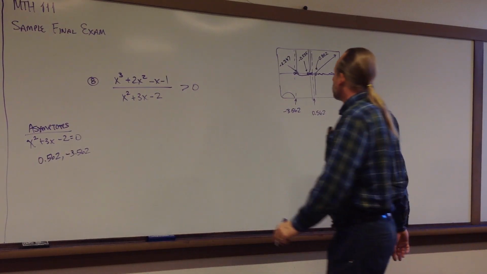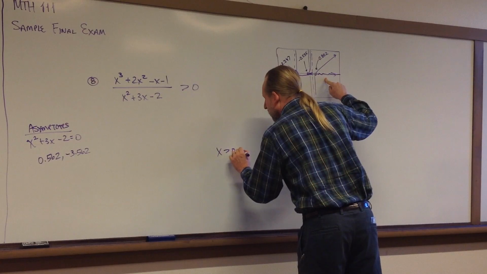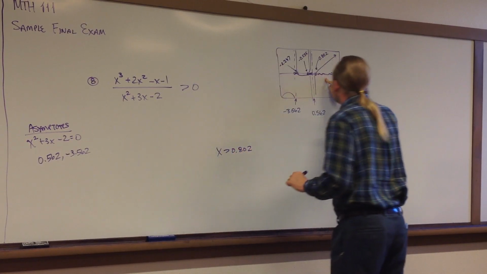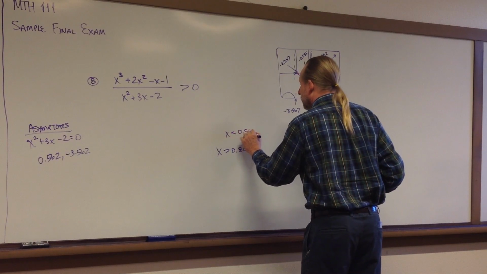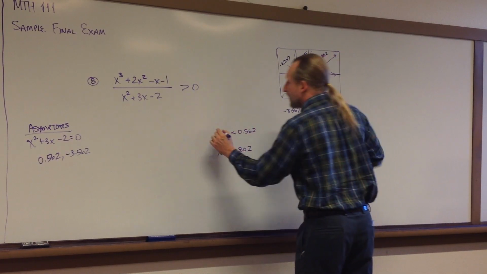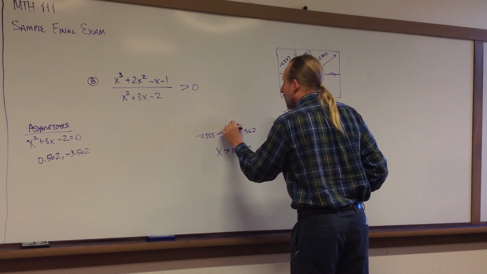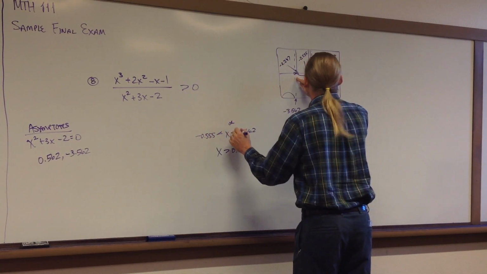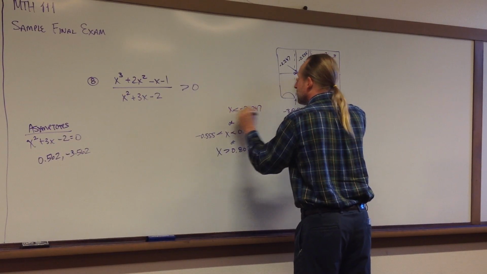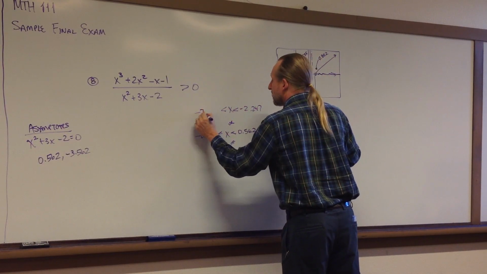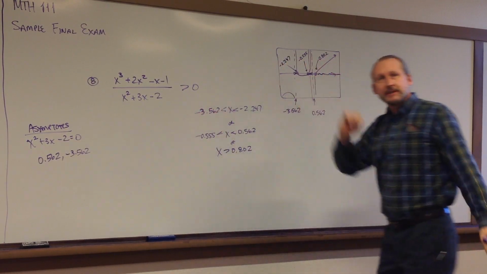Okay, so this one right here is x greater than 0.802, and then we've got this one, x less than 0.562, but greater than negative 0.555, or this last one, x less than negative 2.247, but greater than negative 3.562. And there we go.